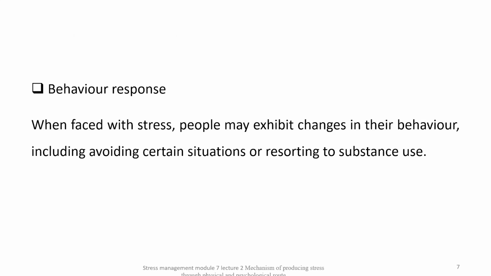Similarly, when we manipulate our cognition, when we try to change our emotions and we do it successfully, our behavioral responses towards illness and the stress produced by it also change.